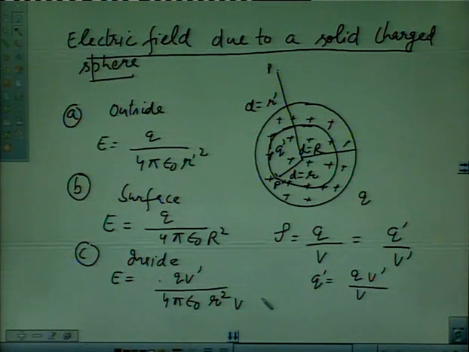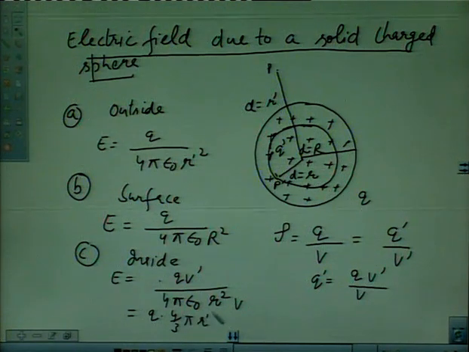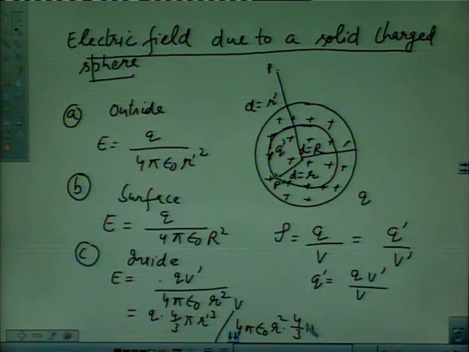So, putting the values of V dash and V, we have V dash is equal to 4 upon 3 pi r dash cube divided by 4 pi epsilon naught into r square into 4 upon 3 pi r cube.